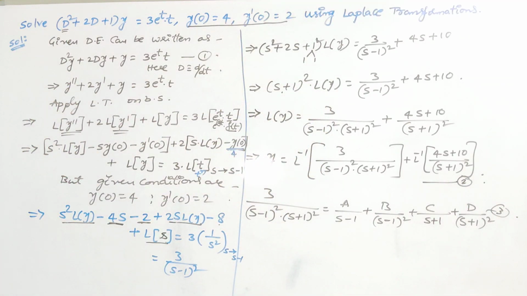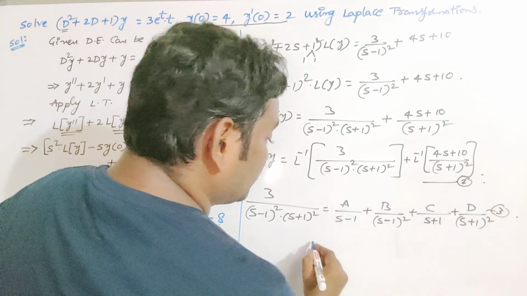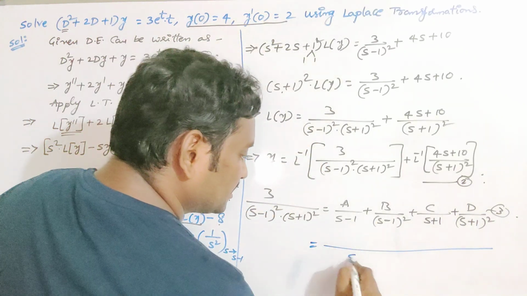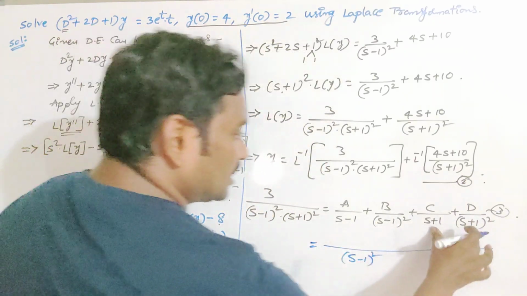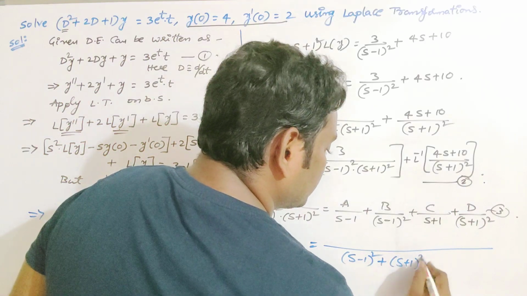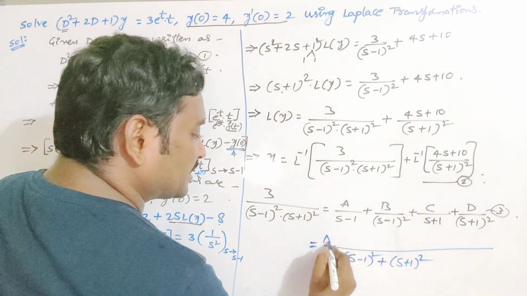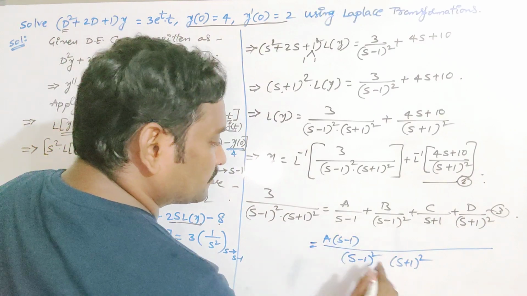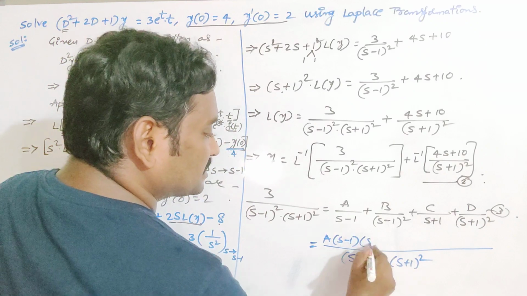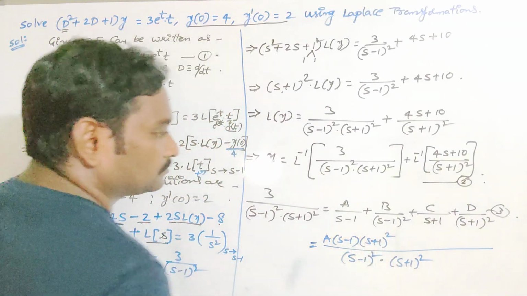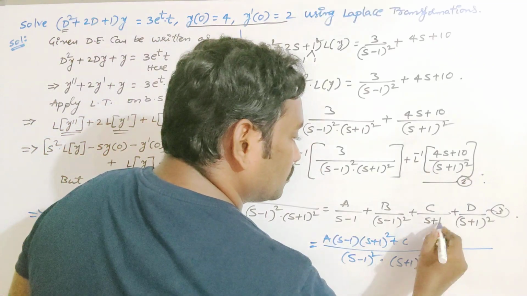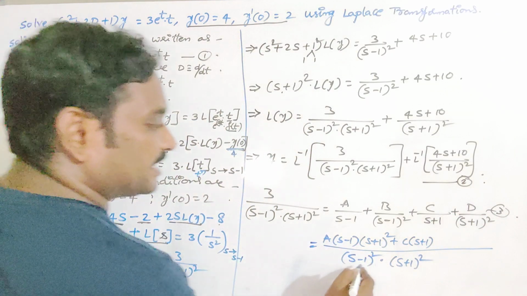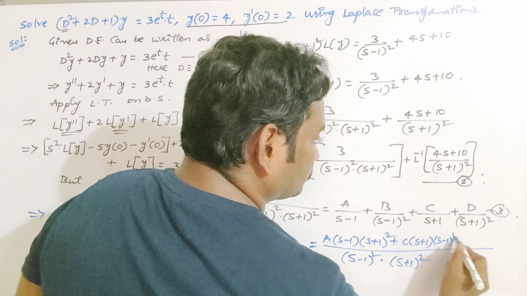Take the LCM of the equation and then you can equate the numerators. It's enough. What is the LCM? For the first two parts, (s minus 1) whole square is the LCM. For the last two parts, (s plus 1) whole square is the LCM. So a into (s minus 1), into another, this is not plus, this is the product, (s plus 1) whole square, plus c into (s plus 1), and another term is (s minus 1) whole square.